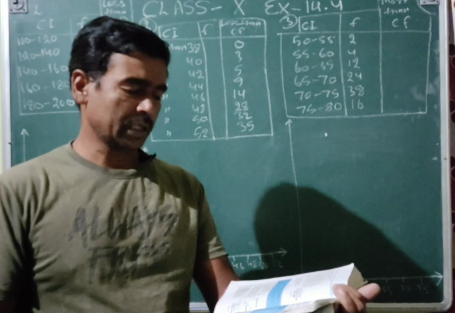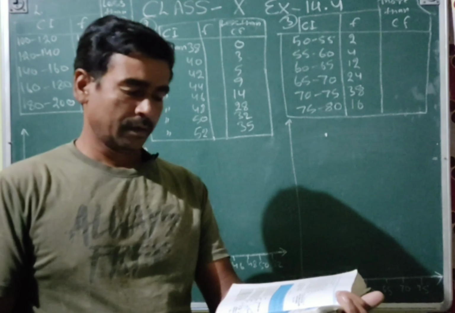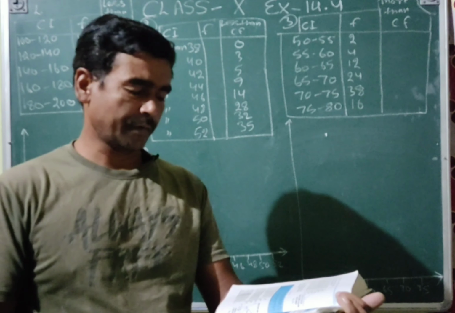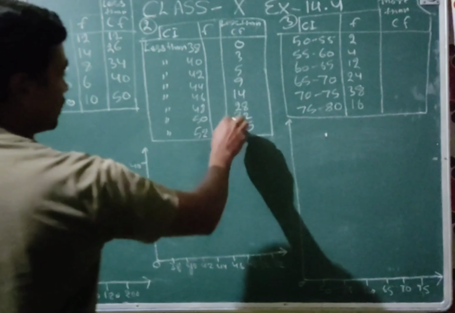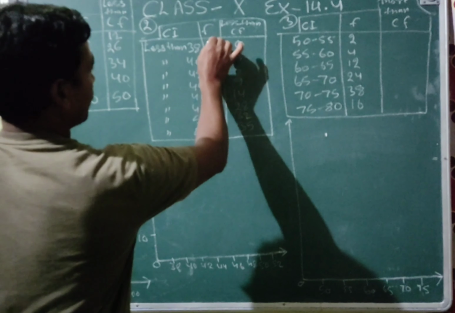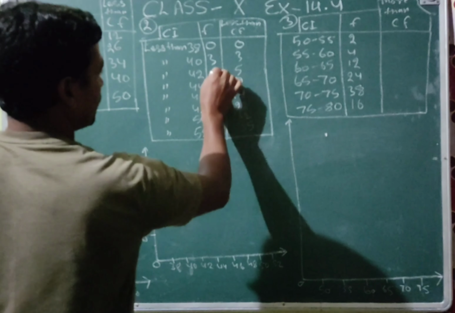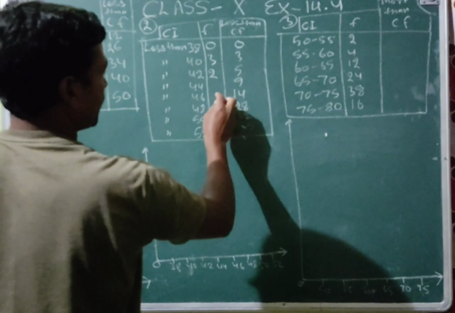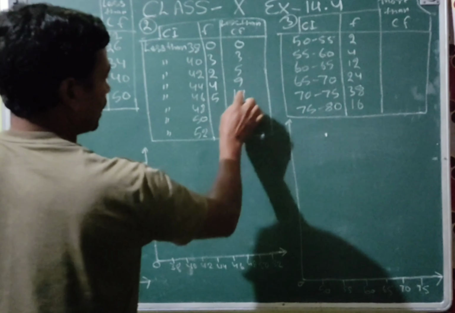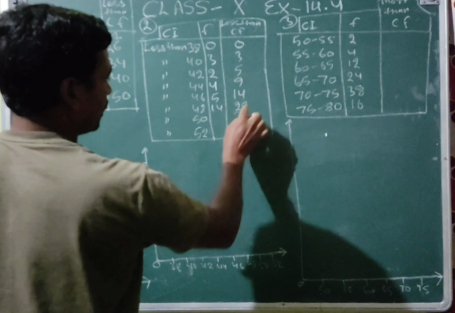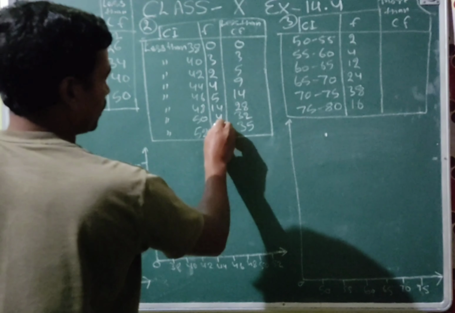Draw the less than type of ogive for the given data, hence obtain the median weight from the graph and verify the result by using the formula. So the CF is given. First of all we will find the frequency: 0, 3, 5 less 3 is 2, 9 less 5 is 4, 14 less 9 is 5, 28 less 14 is 14, 32 less 28 is 4, 35 less 32 is 3.